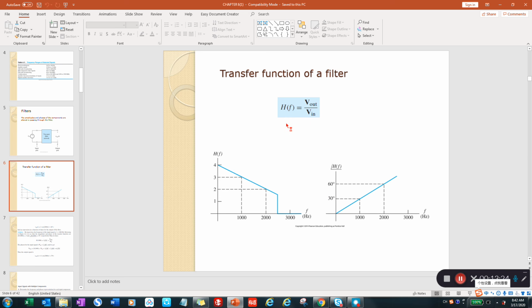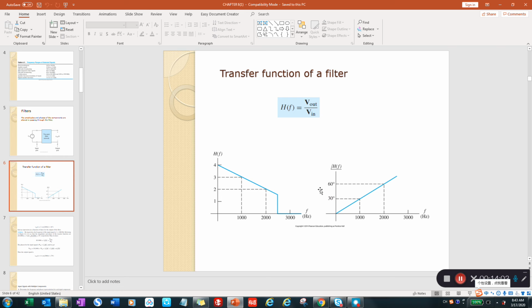We know that the transfer function equals the output divided by the input. If we know the input, we multiply by the transfer function, and we will know the output. So for the transfer function, input and output, if you know any two, you can find the other based on this formula. For example, if we know the output and the transfer function, we can figure out the input. Input will be equal to the output divided by the transfer function.